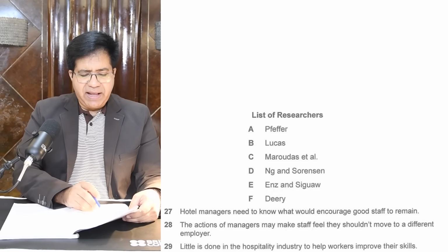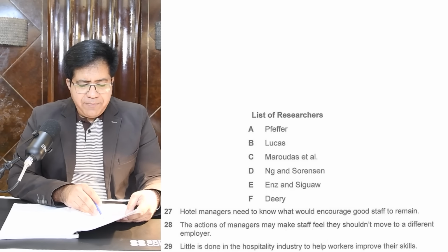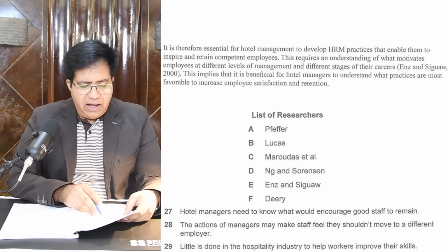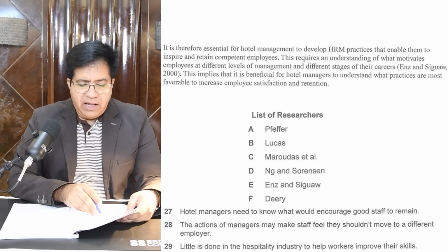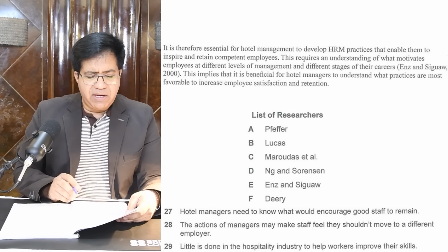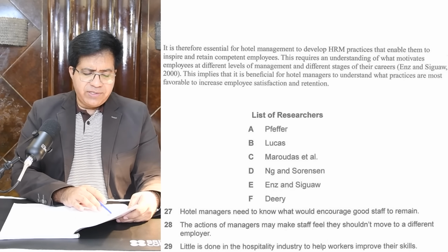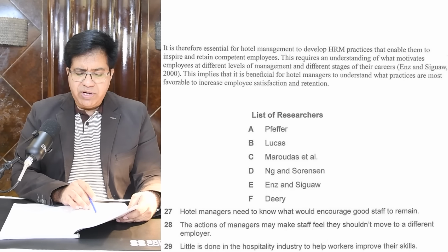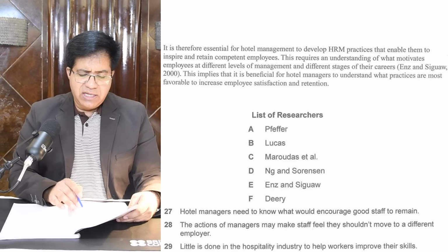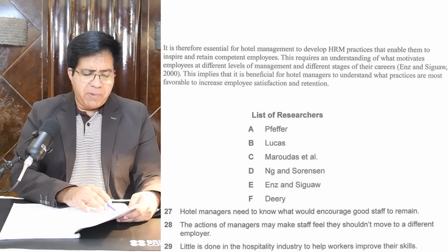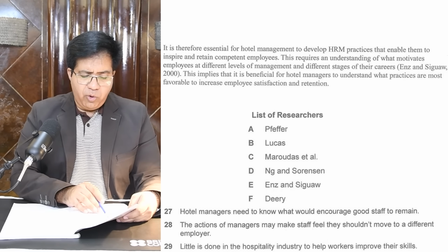Second page, 3rd paragraph. I'm reading it from 2nd line. 2nd page, 3rd paragraph, 2nd line. This requires, we need to read from the beginning, otherwise we don't understand what do they mean by this. It is therefore essential for hotel management to develop HRM practices that enable them to inspire and retain competent employees.